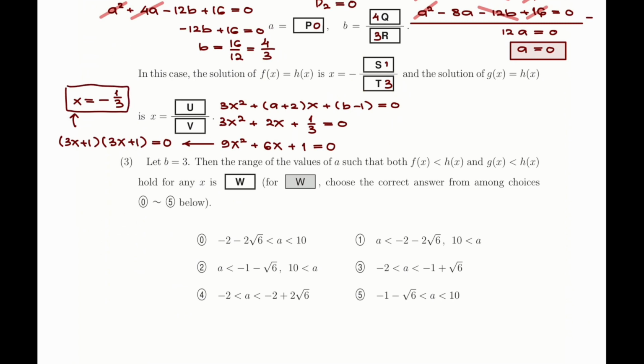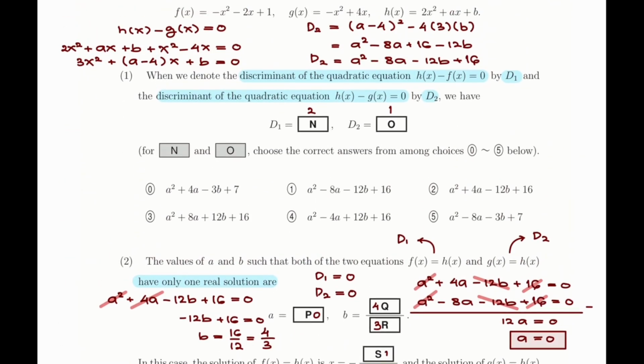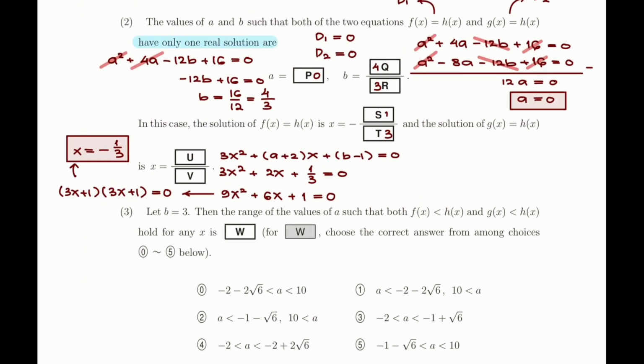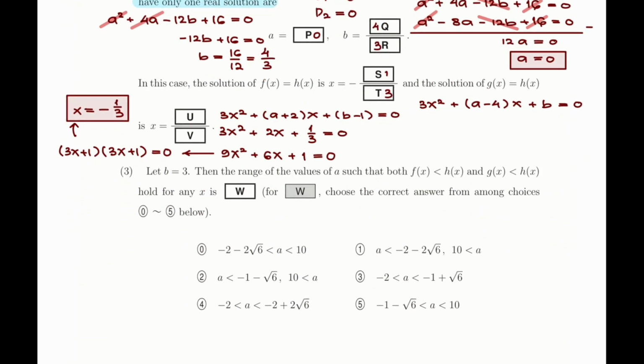And then by using the same method, if you want to find the solution of g equals h, we already know g equals h is this one. And then I will substitute a and b by using 0 and 4 over 3. Then I will obtain 3x squared minus 4x plus 4 over 3 is equal to 0.